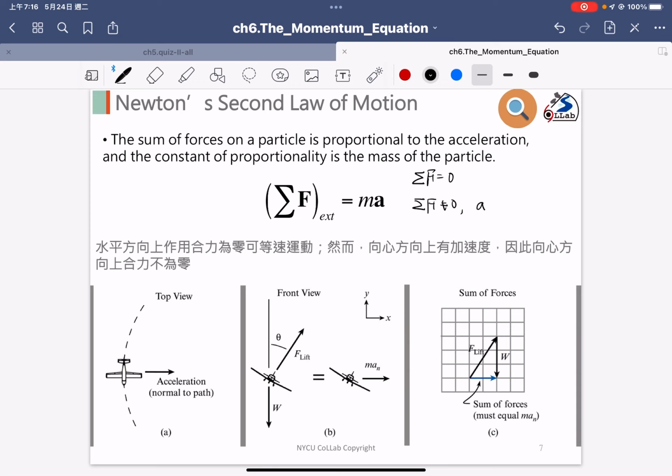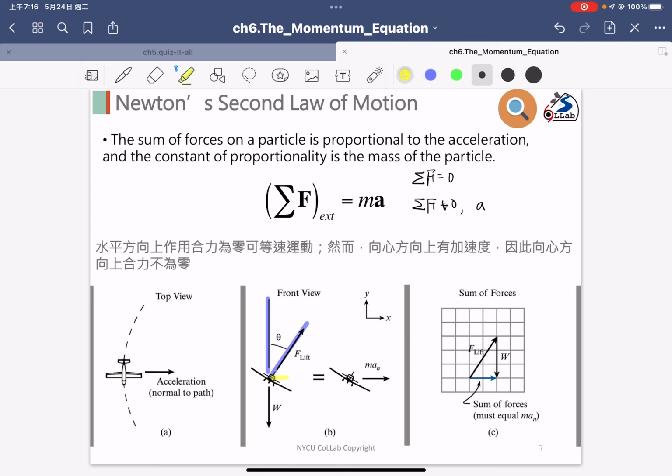So again, if we see the example of the airplane, we can see the lift force showing here with the angle theta from the vertical line. So we know that the lift force can project into the directions normal to the path.